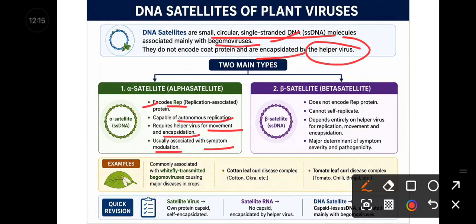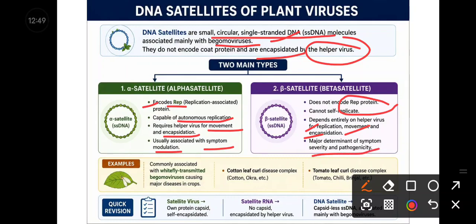But in case of beta satellites, it doesn't code for Rep protein or replication associated protein. If Rep protein is absent, it means it can't perform its replication autonomously. So it is entirely dependent on helper virus for replication, movement and encapsulation. So it is a major determinant of symptoms, severity and pathogenicity.